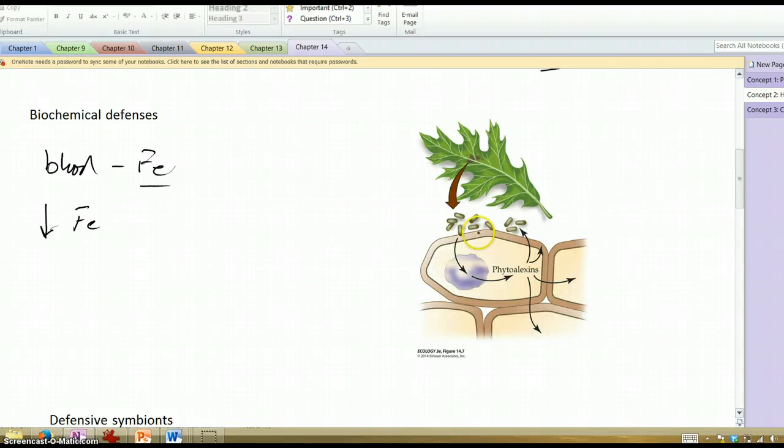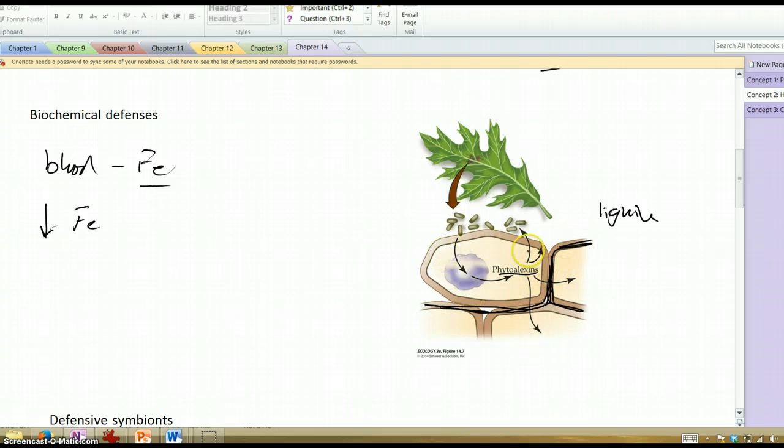Plant cells that are damaged by a bacterial infection produce these compounds called phytoalexins, and the phytoalexins themselves attempt to ward off the pathogen. They also spread to adjacent plant cells and essentially are, quote, telling that plant cell that there is a problem in an adjacent cell, and so that cell will produce this material called lignin, which solidifies and blocks off the cell walls and attempts to keep that bacterium from spreading to other cells.